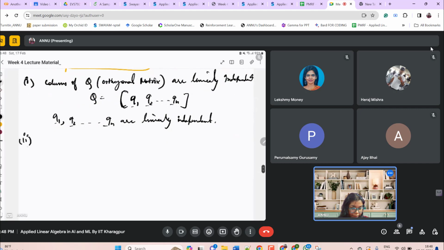Second, the norm of the columns of the matrix are unity.